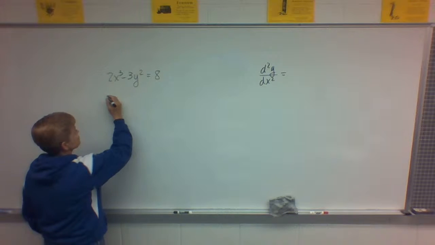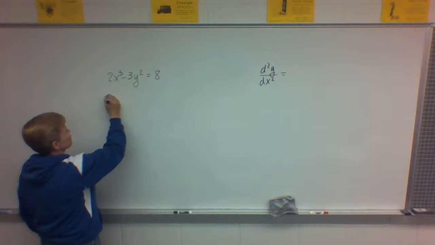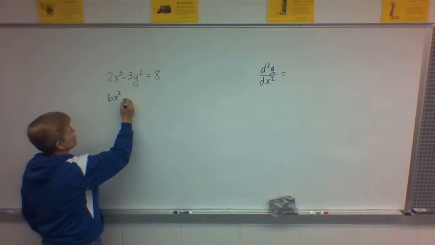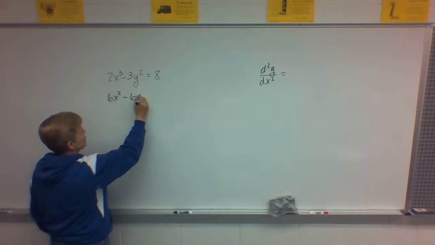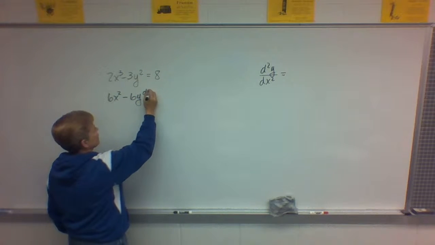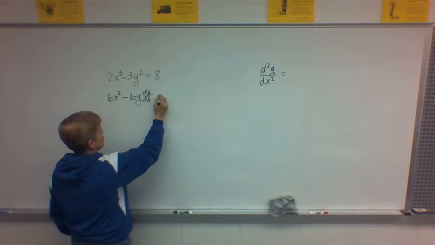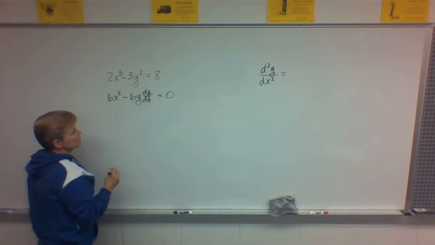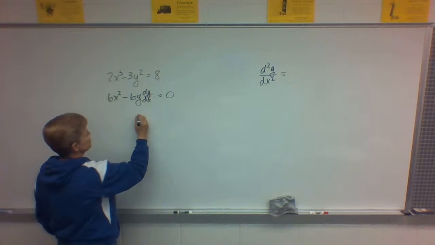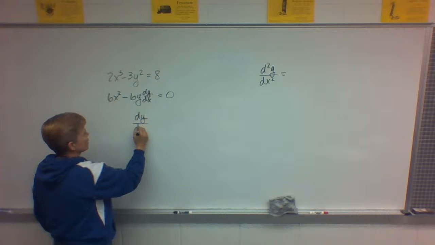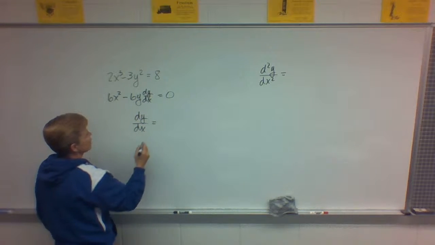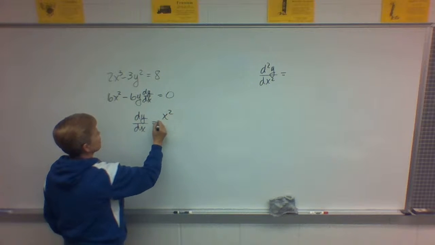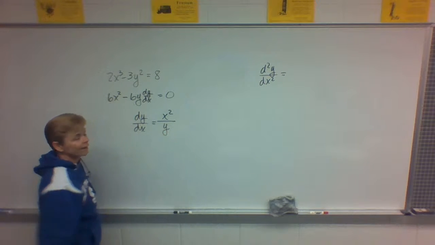What's it going to be? 6x squared minus 6y dy/dx equals 0. So dy/dx is going to be positive x squared over y.